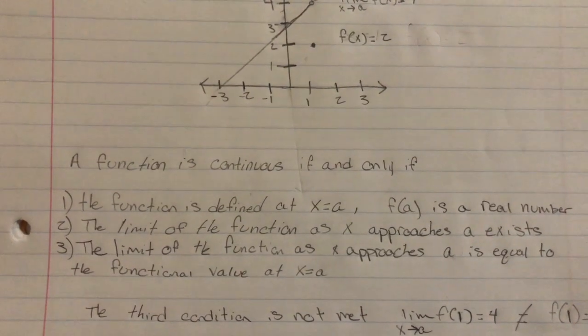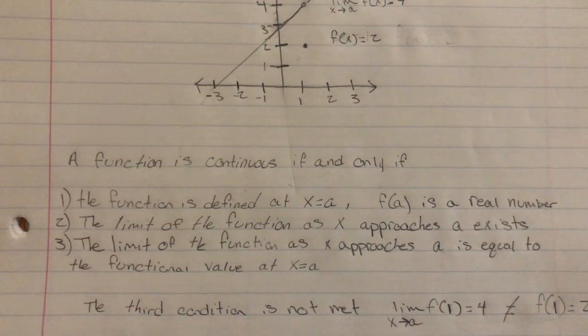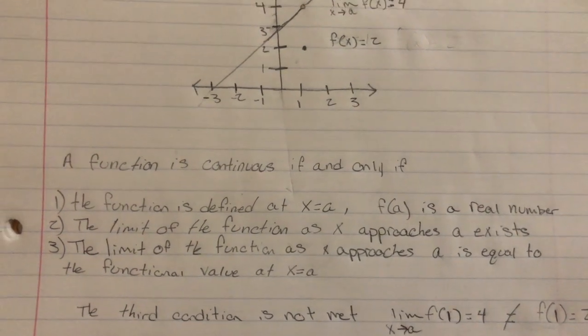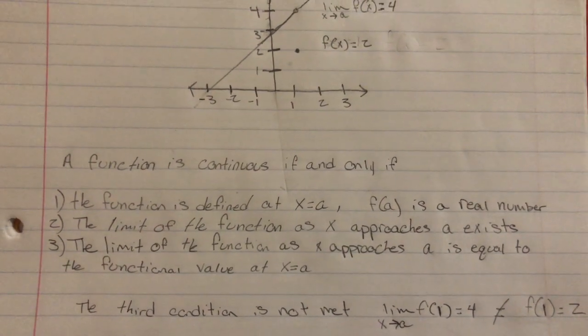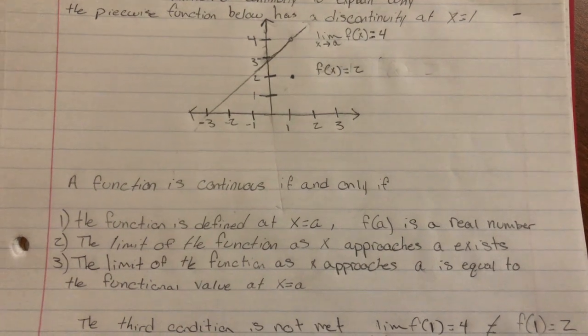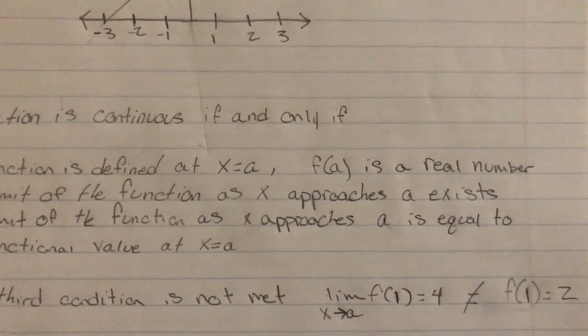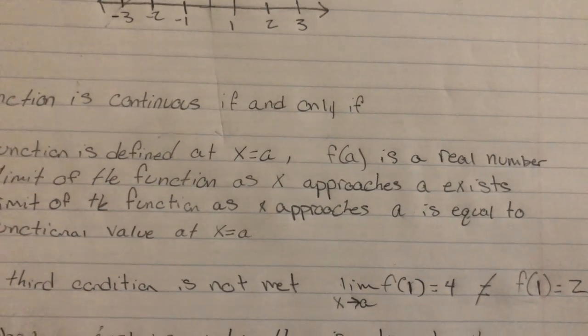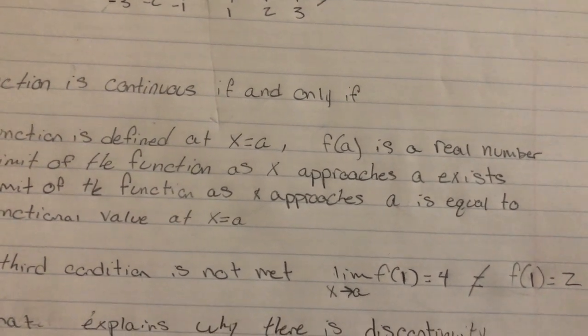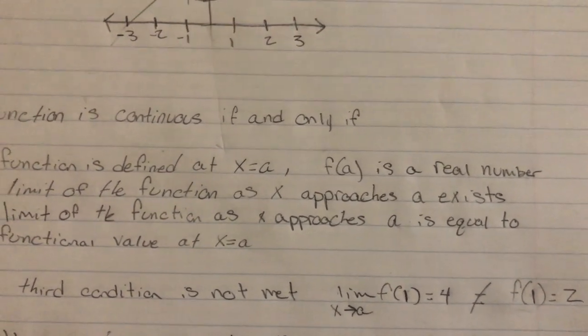Because the third condition of the definition of continuity is not met, we know that the function is discontinuous at x equals 1, because the limit as x approaches a equals 4, and f of 1, the functional value, is 2, and 4 does not equal 2.